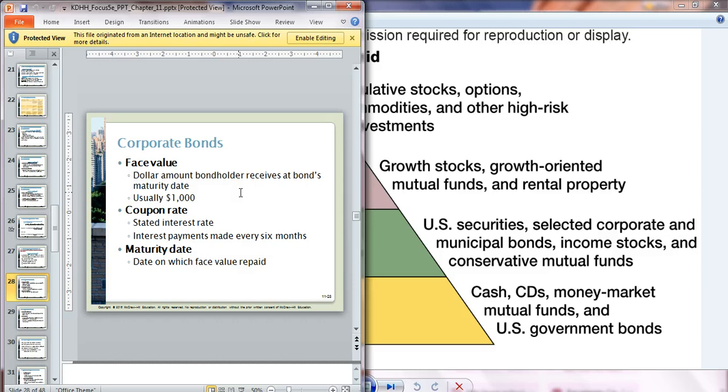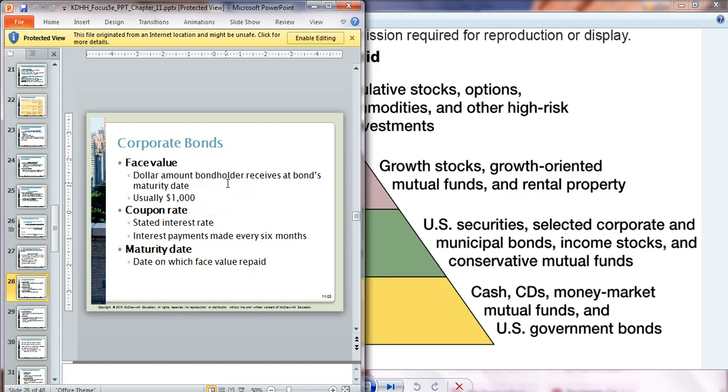And this $1,000 represents the amount you will receive back from the company or from the government on the bond at maturity date. And it says right here, the date on which face value will be repaid, face value always being $1,000. Now I want to note right here that when bonds are first issued, they're issued at $1,000.